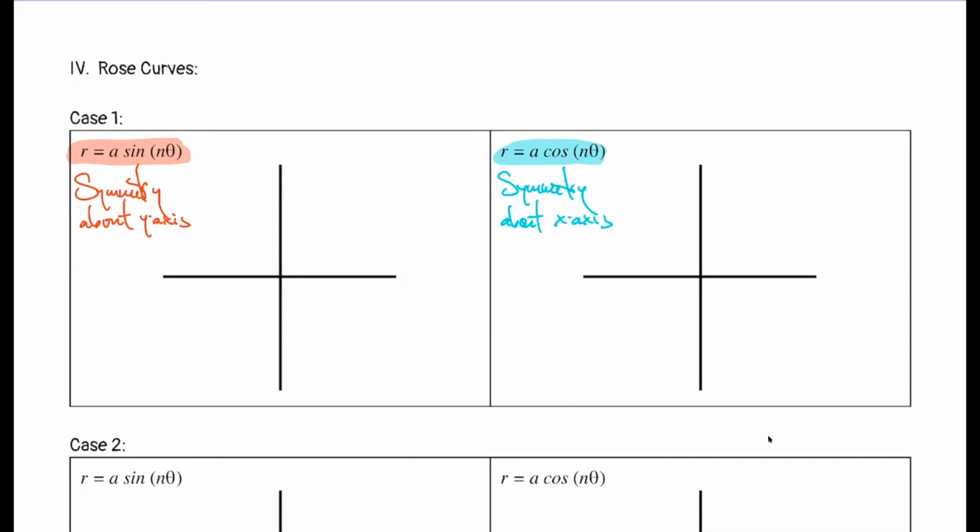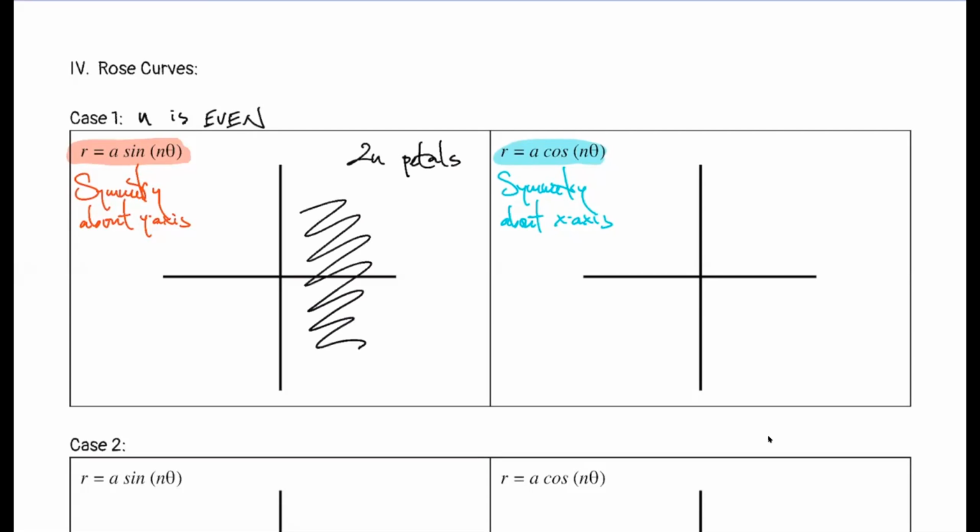And I broke it down into case one and case two so we could look at the even and odd of n. So let's say for case one that n is even. When n is even, you will see 2n petals, twice as many petals as the number for n, but it is going to be symmetric about the y-axis, meaning that whatever we get on this side will be the same as whatever we get on this side.